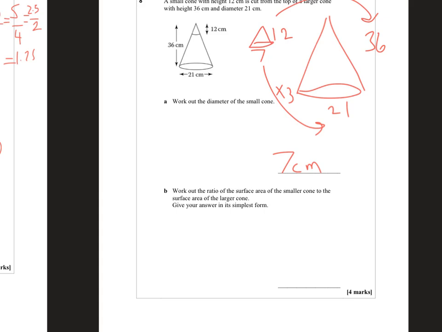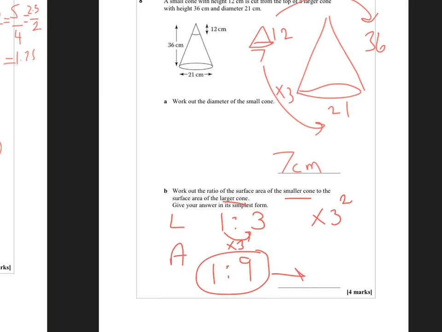The ratio of the surface area of the smaller cone to the larger cone. For lengths, whatever the smaller cone is, the larger cone is 3 times as big. So for area, instead of timesing by 3, we're going to times by 3 squared. So it's 1 to 9. Let's just check we got it the right way around. Smaller to larger, 1 to 9.